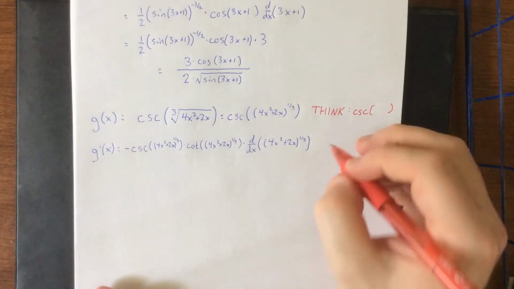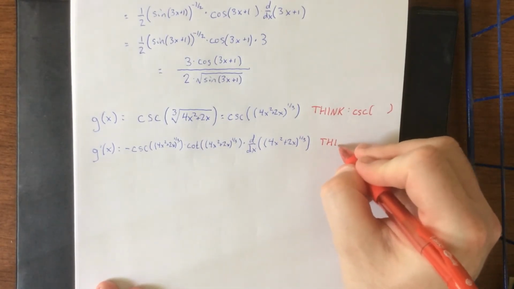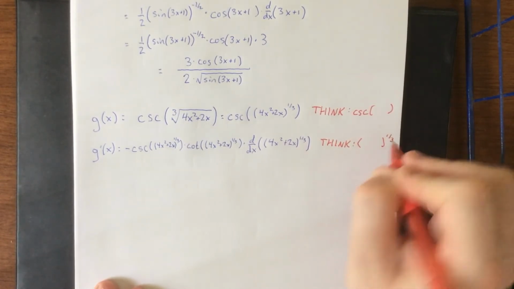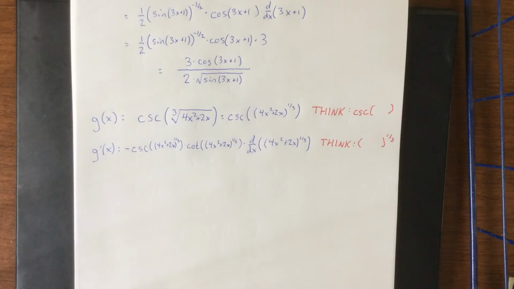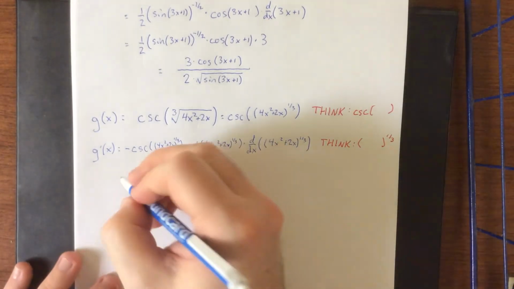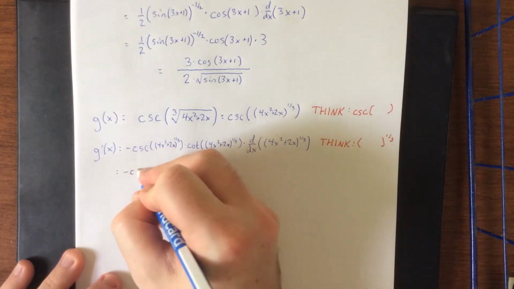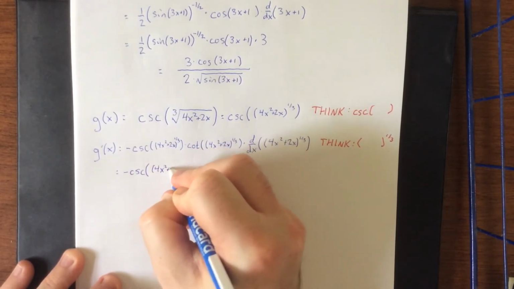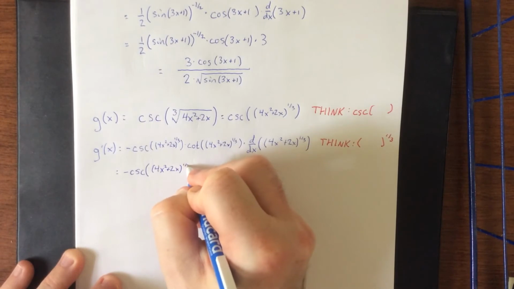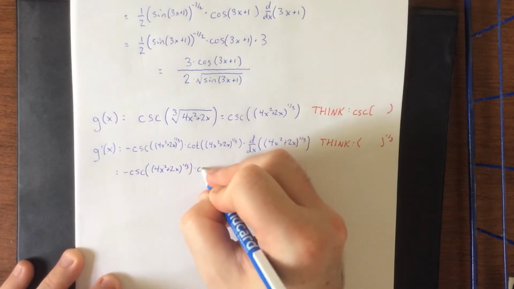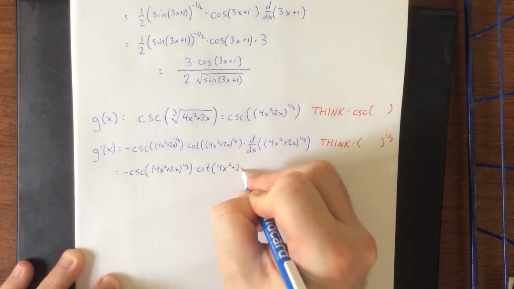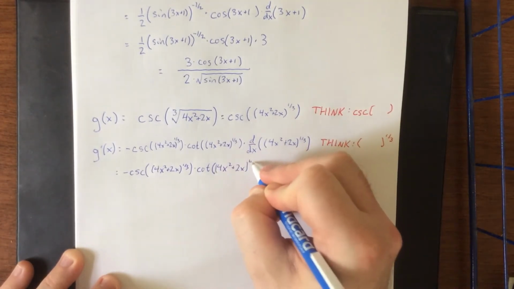Now our outermost function for our next derivative is going to be the 1/3 power. And for that 1/3 power, we can apply the power rule. So the first part's going to stay the same, negative cosecant of 4x squared plus 2x to the 1/3 power times the cotangent of 4x squared plus 2x raised to the 1/3 power.